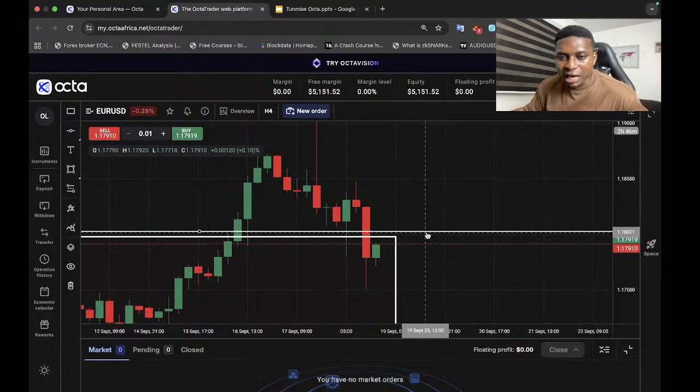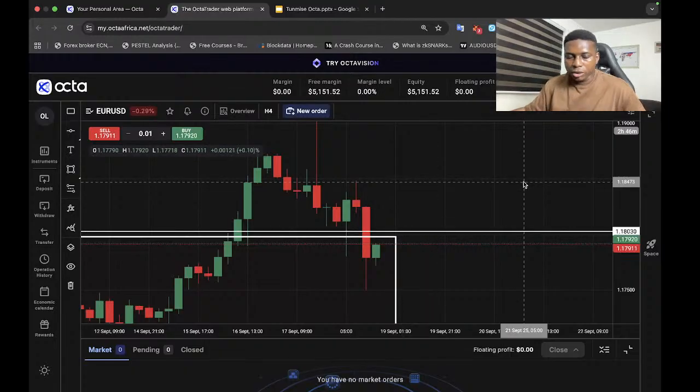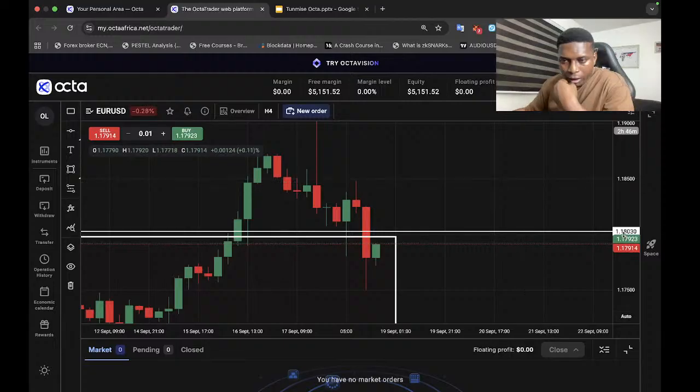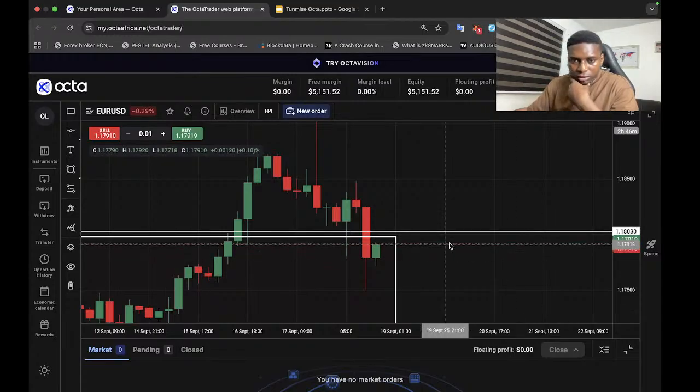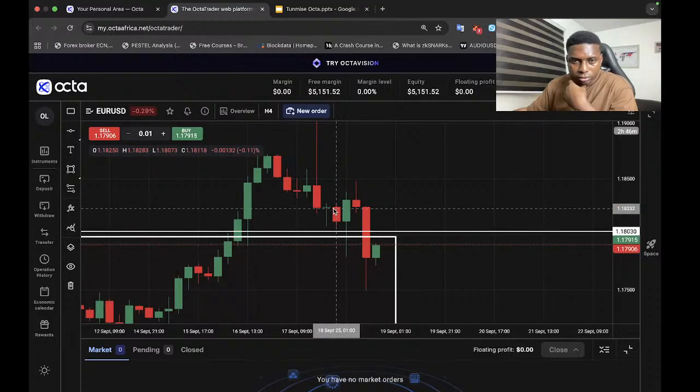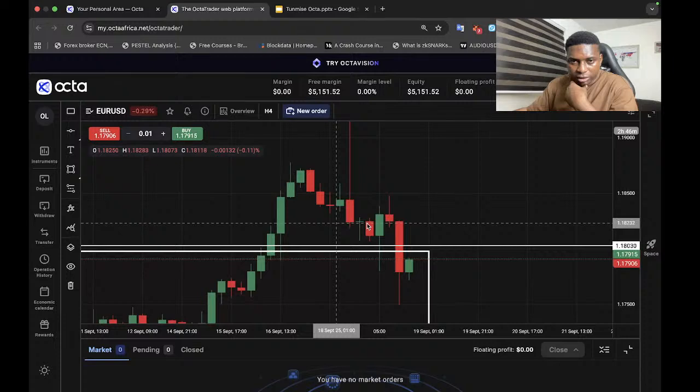So we're going to set our buy order at 1.18030. We're going to set our buy order there, and expect that the market would move up.